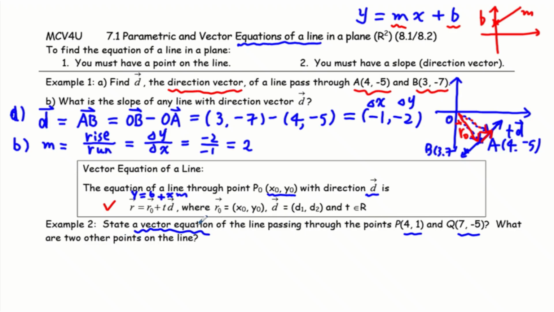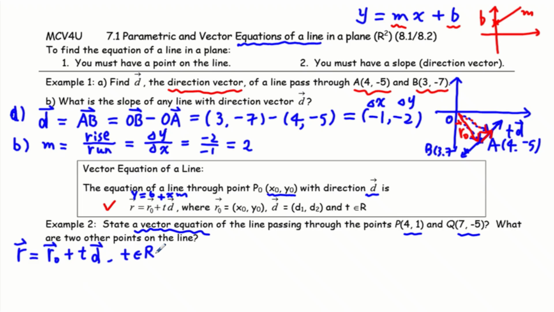So first thing, we have to write the vector equation of a line. We know it is vectors on the line equals a point on the line plus any t value times the direction vector. Then we could generate the whole line.